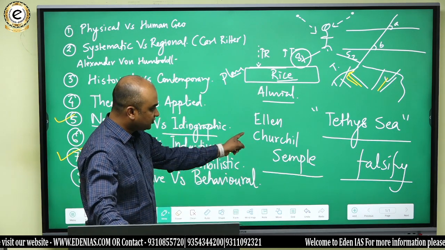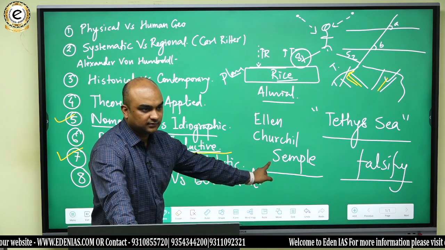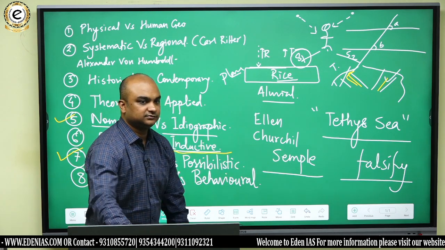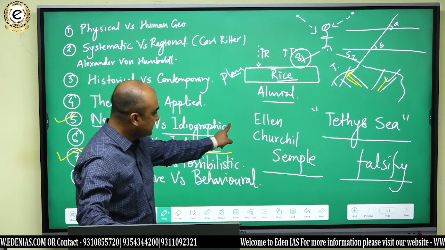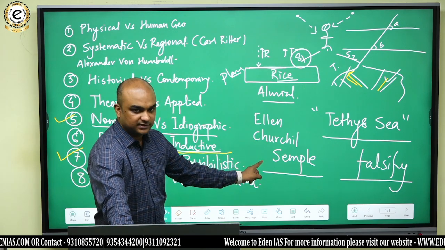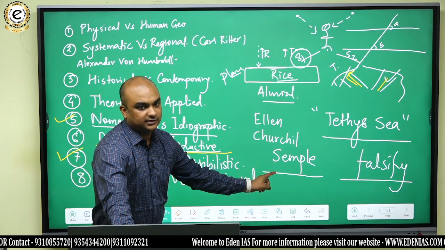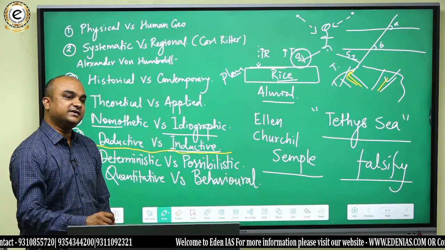Ellen Churchill Semple, the American geographer, is an environmental determinist.